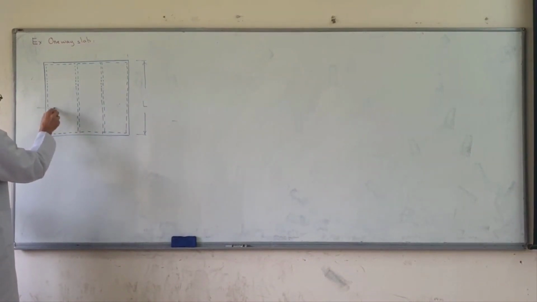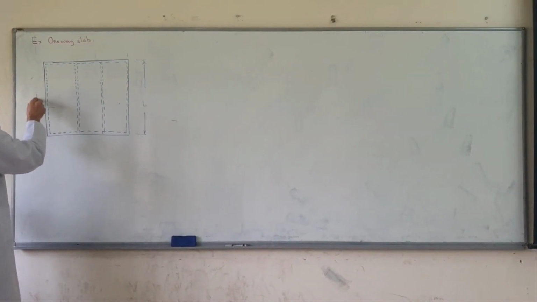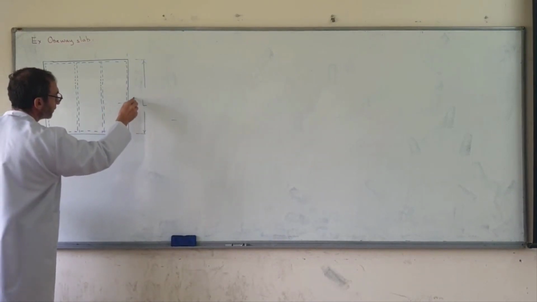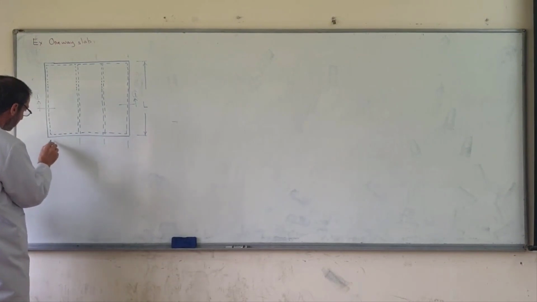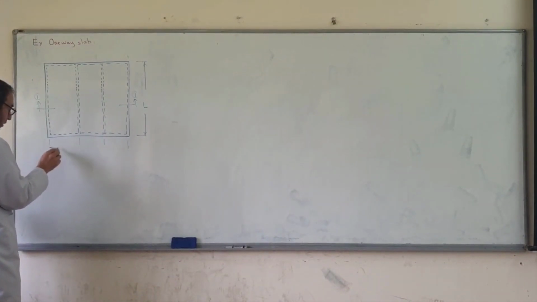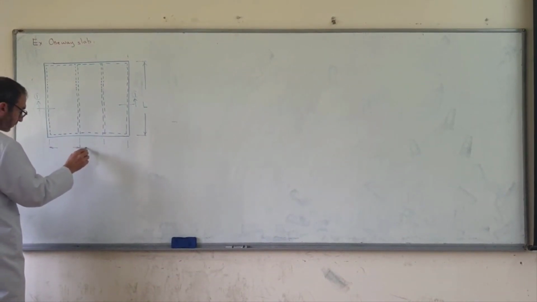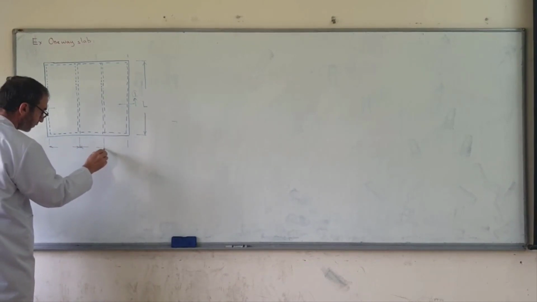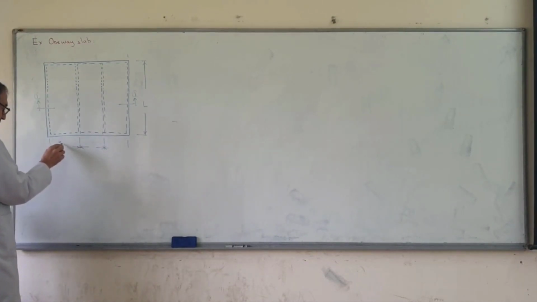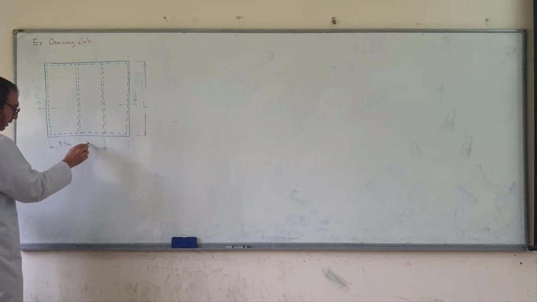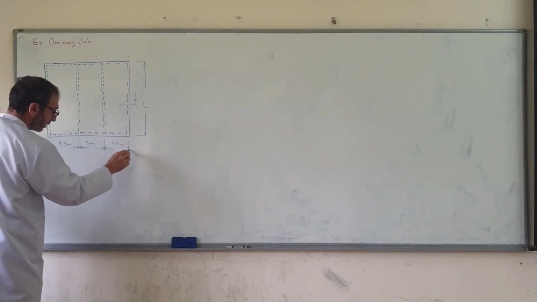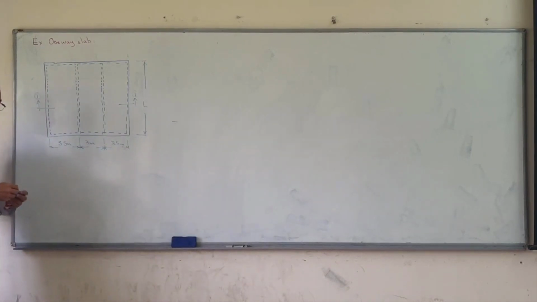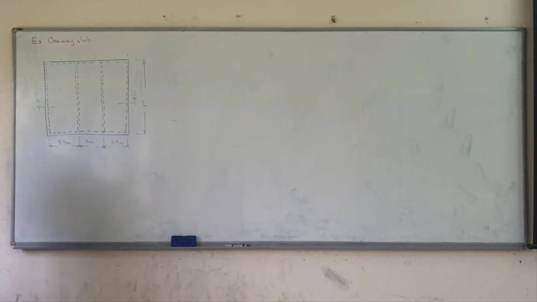If we take a section here, section 1, for example, we have a span from center line supported by walls, 3.5 by 3 meters by 3.5 meters. This is from center to center of the wall.